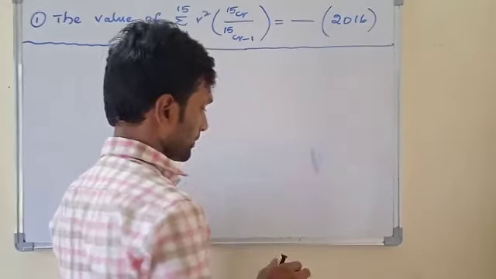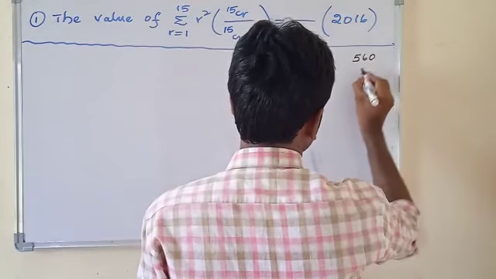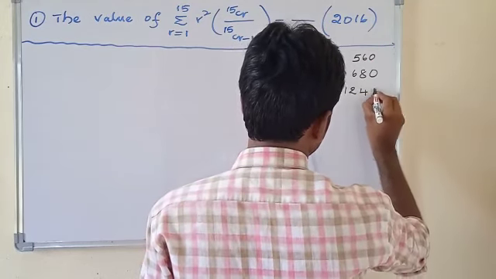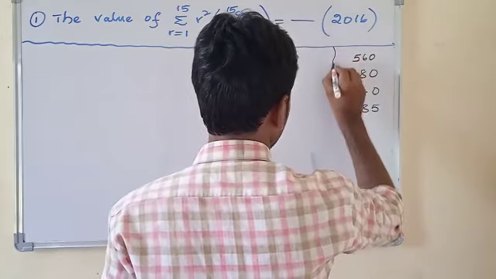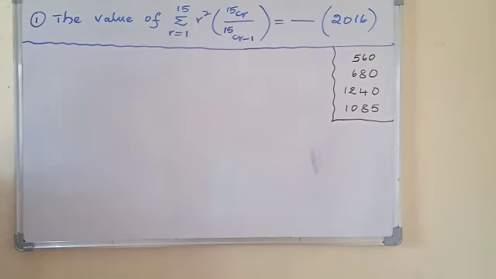Options are: first option 560, second option 680, third option 1240, fourth option 1085.